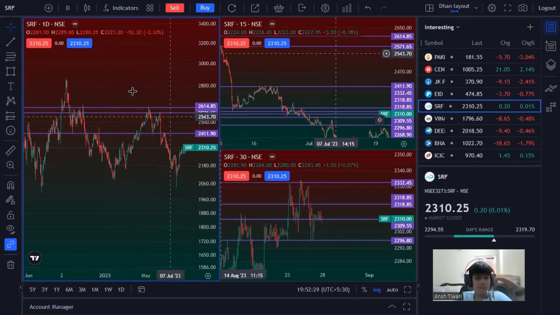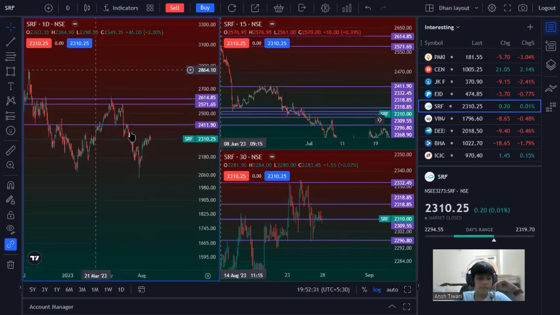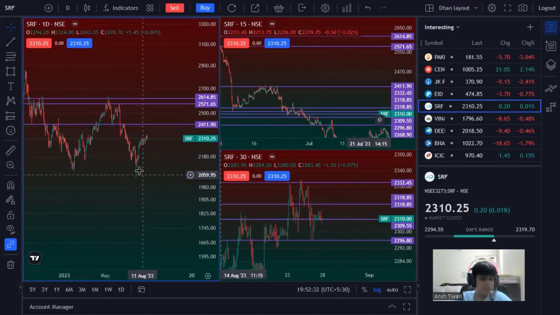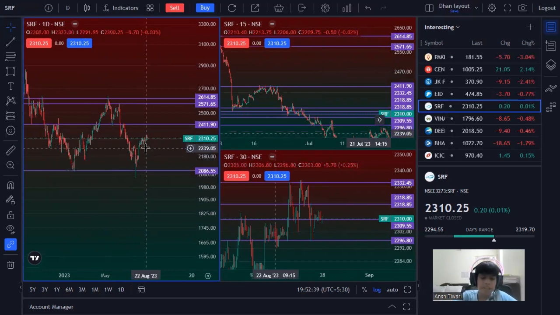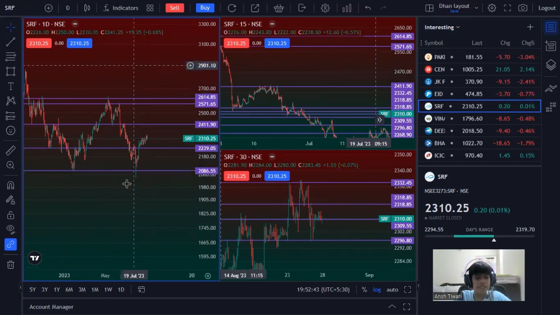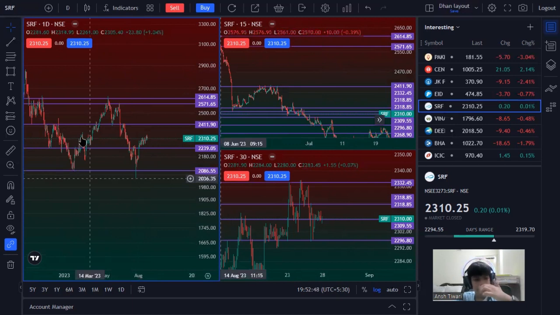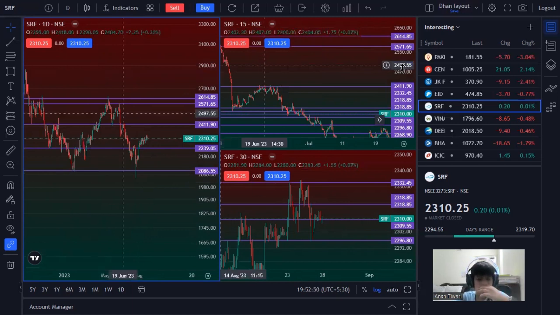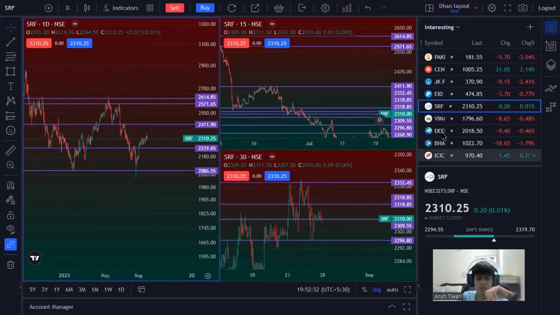Now let me go on to here and create one support level at the very bottom, and then this one will be nearby. So these can be the resistance and support levels for a little longer term. I wouldn't say very long term because I am looking at the 1 day chart, which cannot be used for very long term. Next, I will be looking at Bharat Forge.